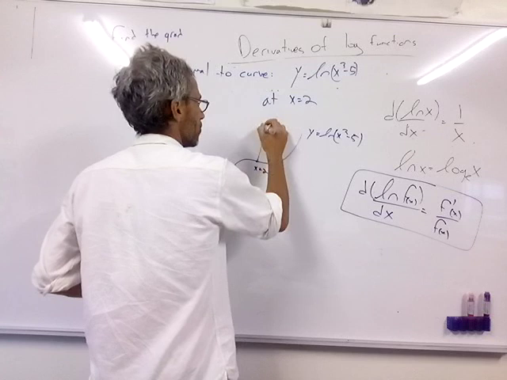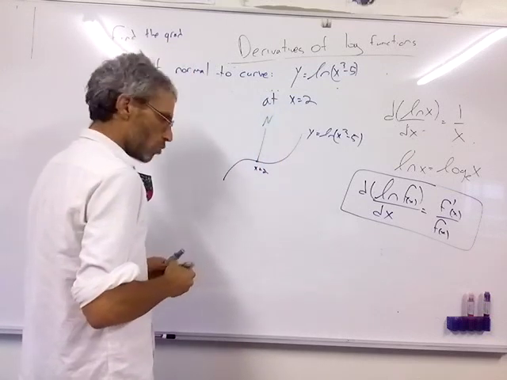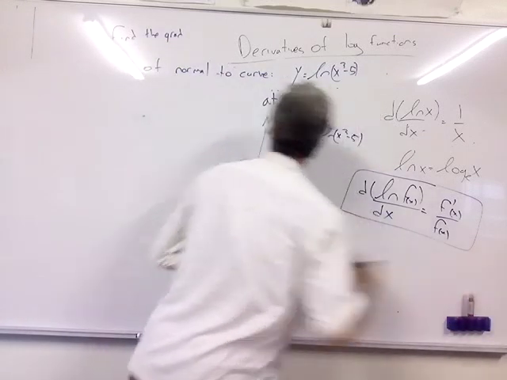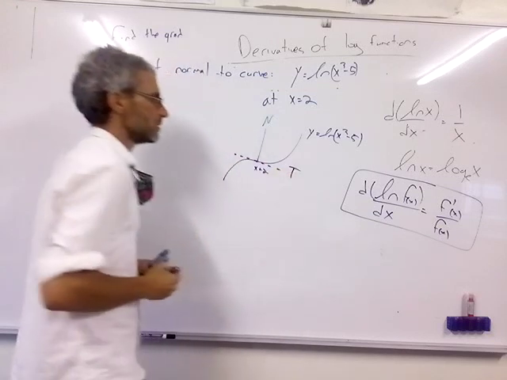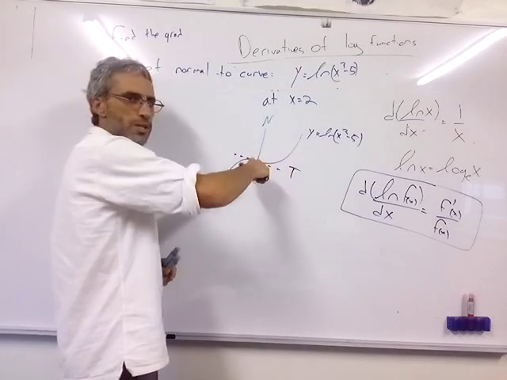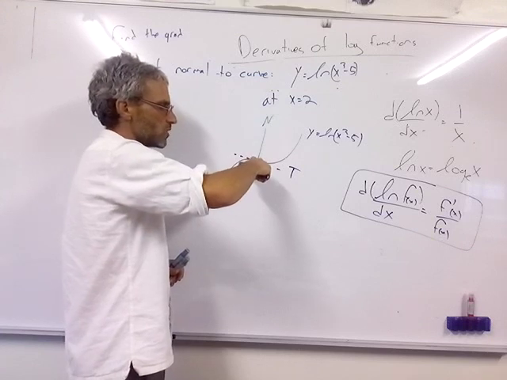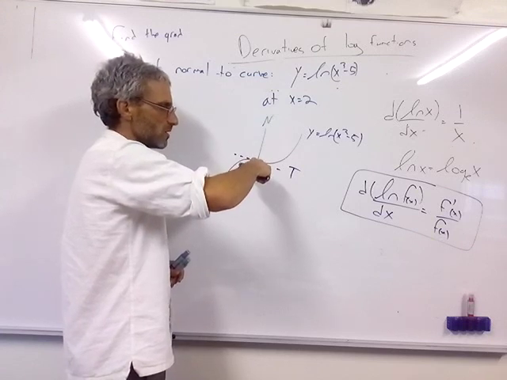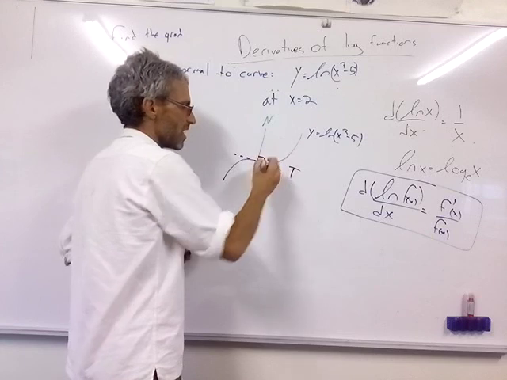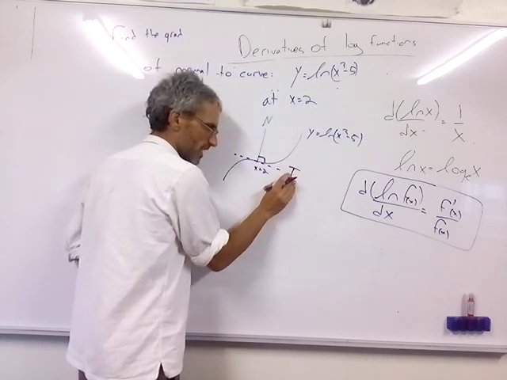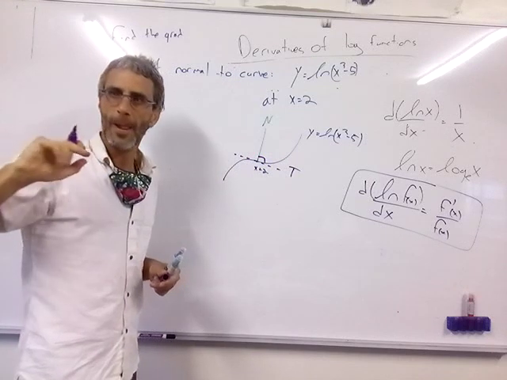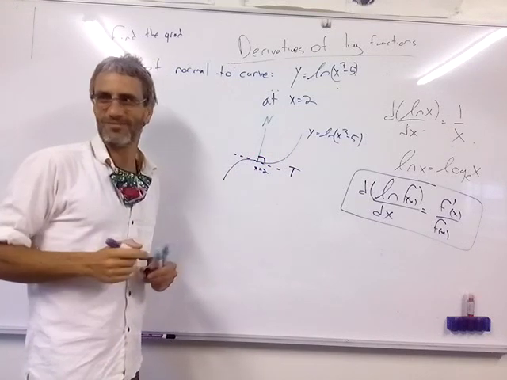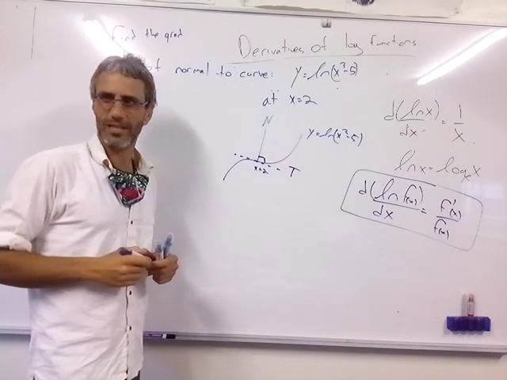We'll call that A. The normal is 90 degrees to the tangent, which we call T. Once we know the gradient at this point, I know that the gradient of the tangent times the gradient of the normal will be equal to minus 1. Remember that one from analytical mechanics?